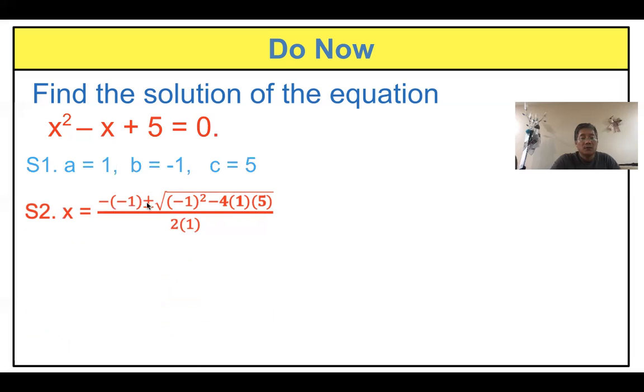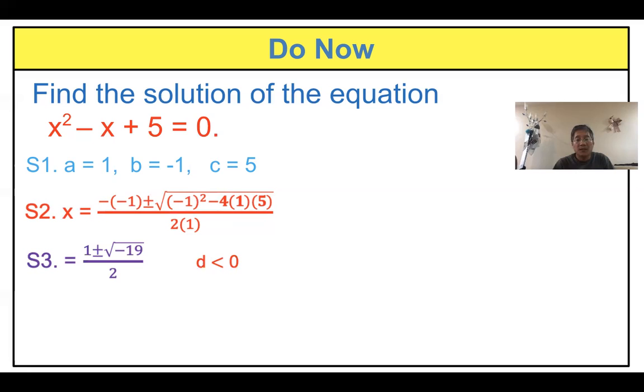So you plug in like this and then simplify. Negative, negative becomes +1. And then inside the square root, -1 squared is 1 minus 4 times 1 times 5 is 20. So 1 minus 20 is -19. Oh, what did we do? Negative in the square root. You cannot have a negative in the square root. It becomes an error, right? So it's not a real number anymore.